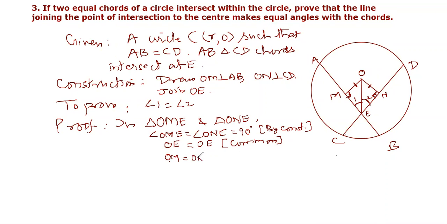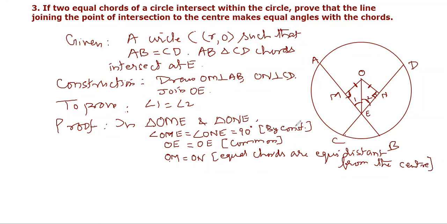ON is equal to OM because equal chords are equidistant from the center. Equal chords are always equidistant from the center.